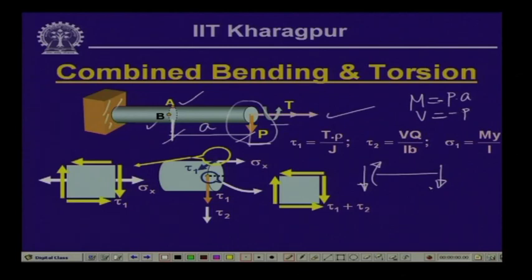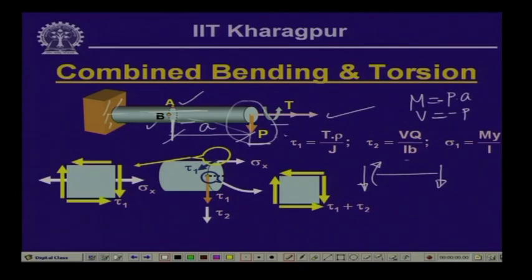Now, physically, if you look at this particular member, when it is loaded at the tip, the deflected form will be like this, and thereby the top surface will be under tension and the bottom will be under compression, and we can verify that from the numerical values or from the expressions as well.